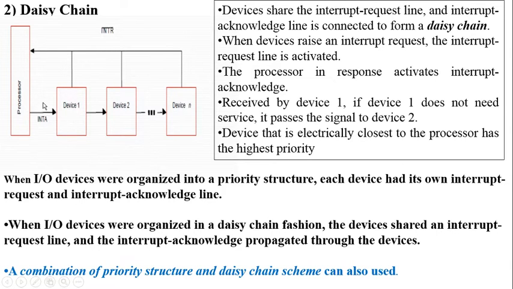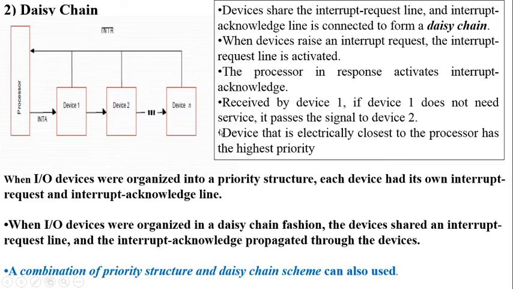That means if the device already placed an interrupt request, then it accepts the interrupt acknowledgement. In our case, device 1 is not willing, so it has not placed any interrupt request, so it just receives the acknowledgement and passes it to device 2. Device 2 identifies that it already placed an interrupt request on the bus, so it accepts the interrupt acknowledgement. Its request gets processed by the processor next.